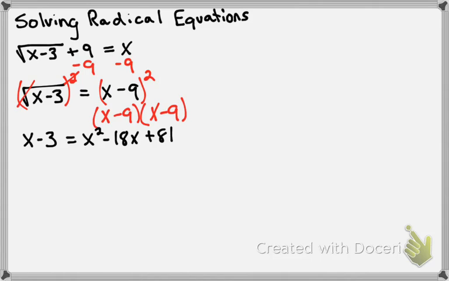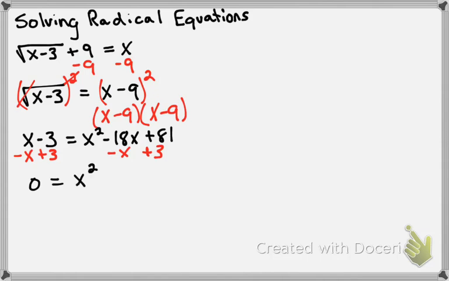Now it looks like we have a quadratic here because the highest degree is a square, or a 2. To solve quadratics, what you want to do is set the equation equal to 0. To do that, I'm going to subtract x and add 3 to both sides. What that'll give me is 0 on the left side, and on the right side I'll have x squared.